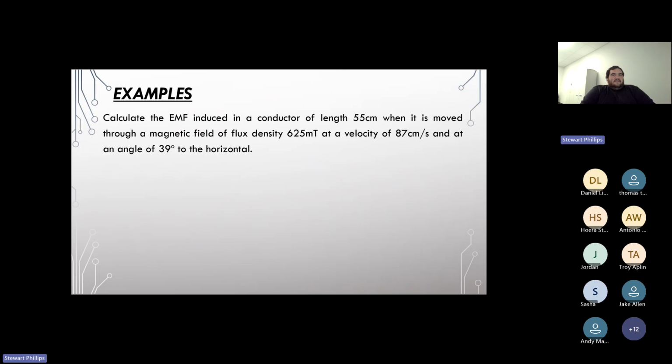So this is going to be 10 to the minus 2 at an angle of 39 degrees to the horizontal. So if we still have the equation in our calculators, which I cleared my calculator, so I'm going to have to type it in all over again. But that's fine. Good practice. Let me know what you guys get.